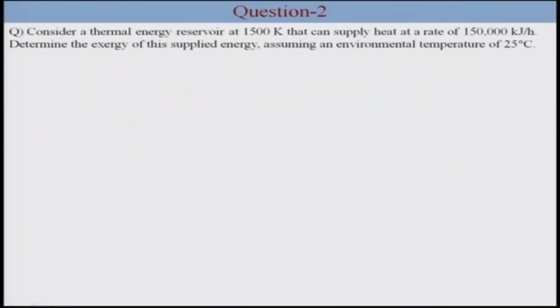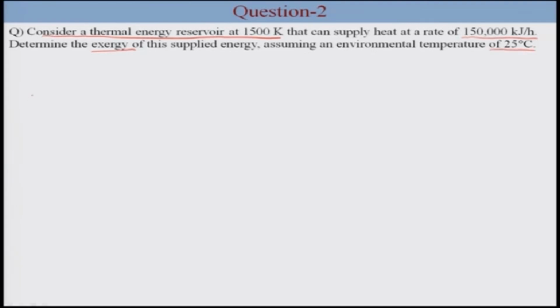In this question, consider a thermal energy reservoir at 1500 Kelvin that can supply heat at a rate of 150,000 kilojoule per hour. Determine the exergy of this supplied energy assuming the environmental temperature at 25 degrees Celsius.